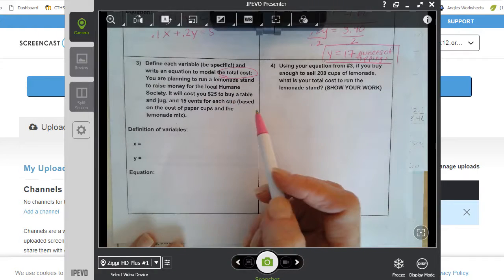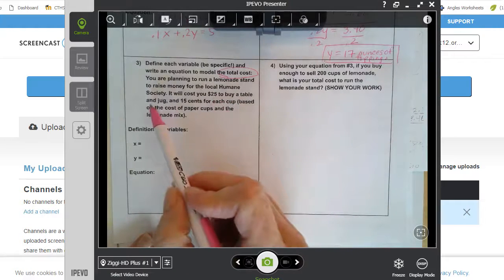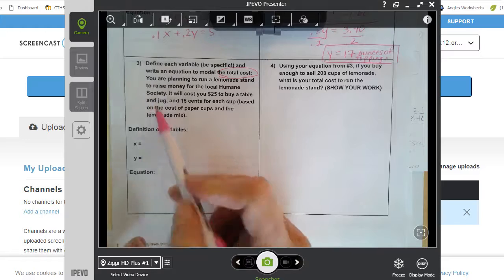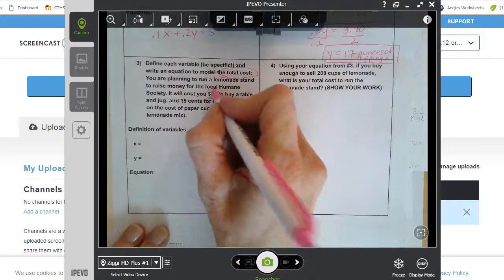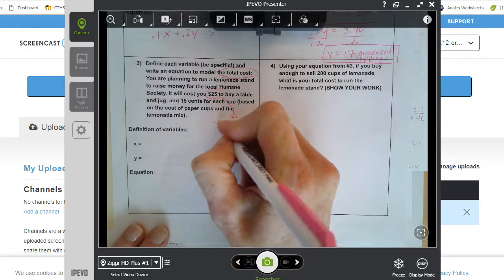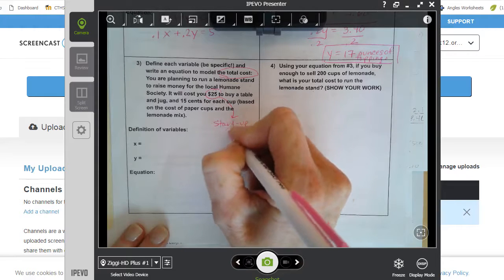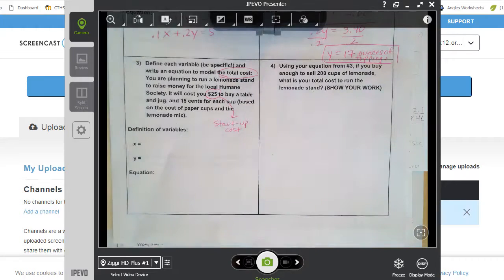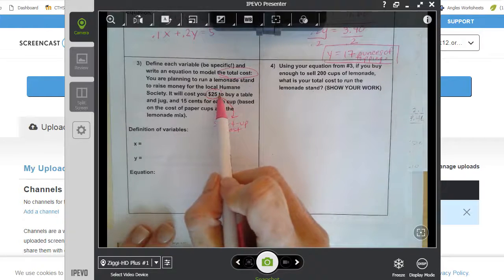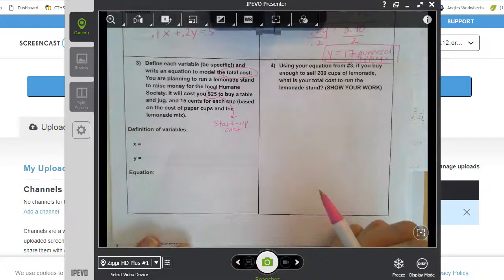So here's what I'm hearing. If I'm running a lemonade stand, $25 to buy a table and jug is a one-time cost. That sounds like a startup cost, like when we were talking about gym memberships or dance club memberships, where I had to pay something to get going before anything else even happened.